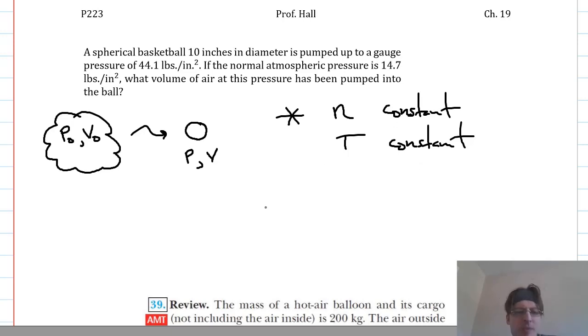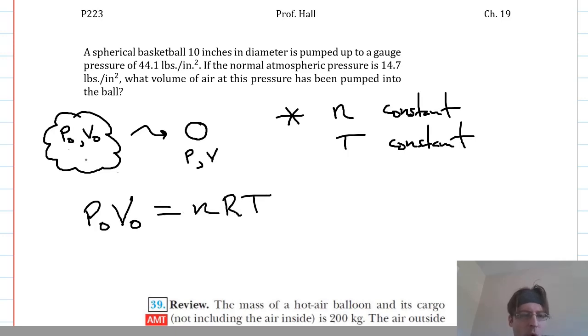Why does that matter? It's because PV equals nRT. So you see at the beginning I had P naught V naught equal to nRT, the number of moles that are in there, and the room temperature. But that's exactly the same because n and T don't change. nRT is also equal to PV, the final values of pressure and volume.